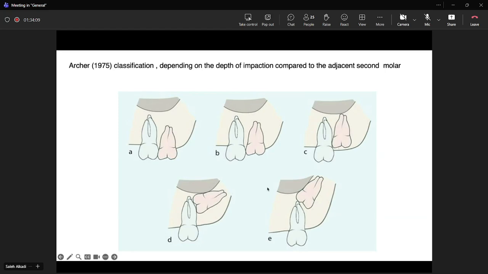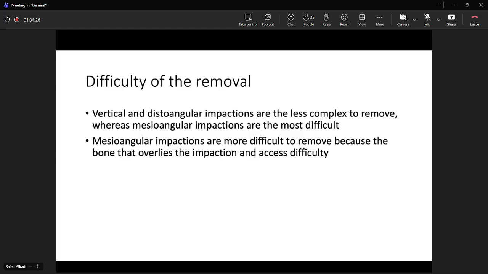Number C, below the cement to enamel junction. Number D, at the apical third of the roots. And number E, above the roots of the adjacent second molar.